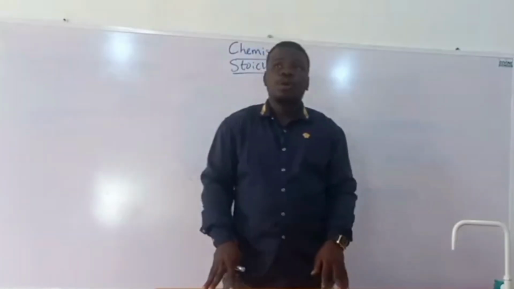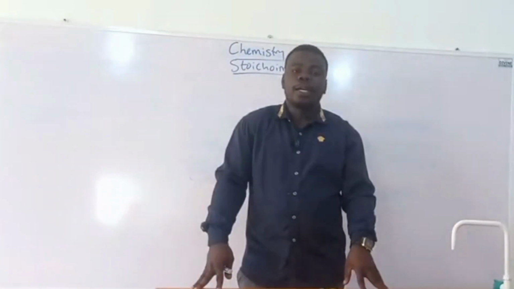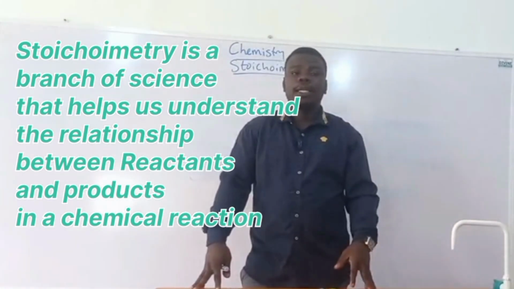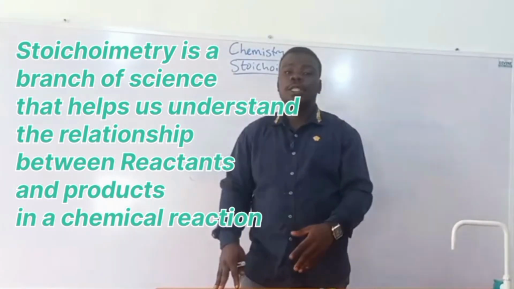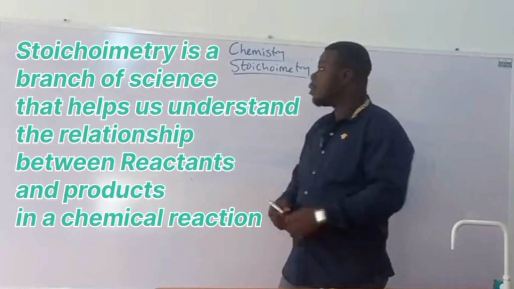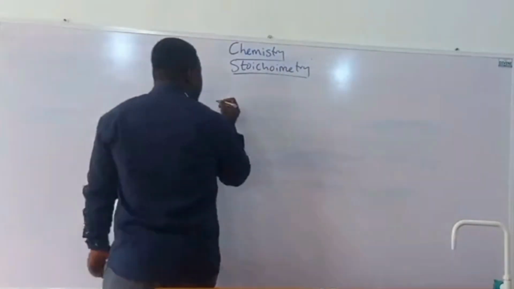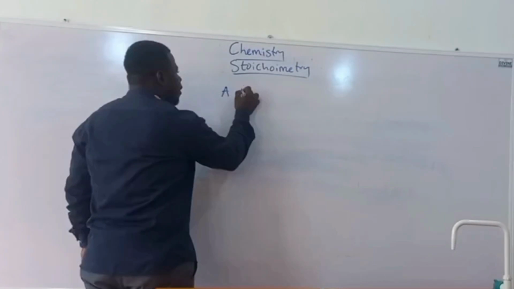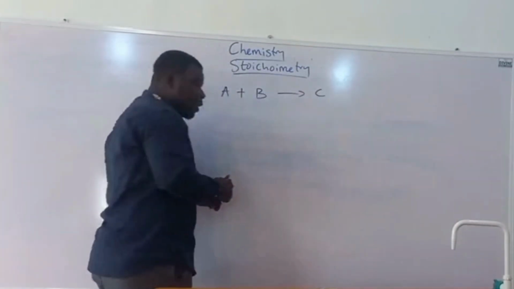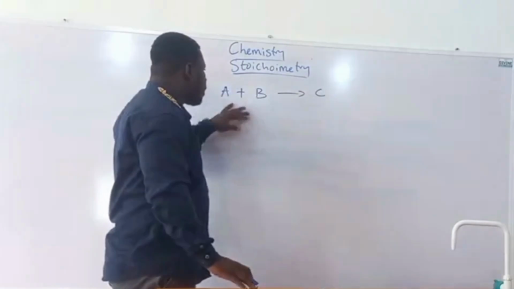Now, quickly, what is stoichiometry? Stoichiometry is the branch of chemistry that deals with the study of the relationship between a reactant and the product. Let's see a simple reaction, A plus B to give us C. There's a relationship between the reactants.